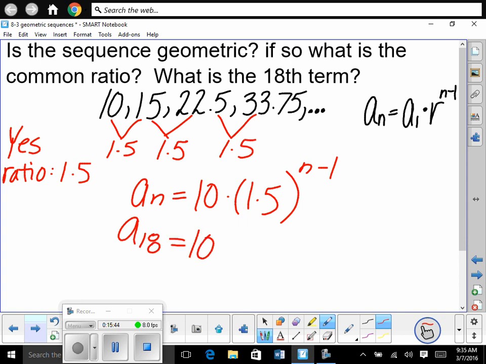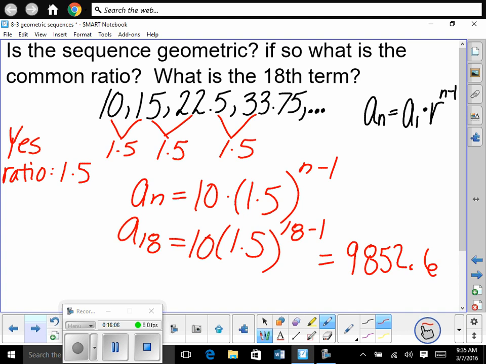So we have 10 times 1.5 raised to the 18 minus 1. So you get 9,852.6. Are we all good?